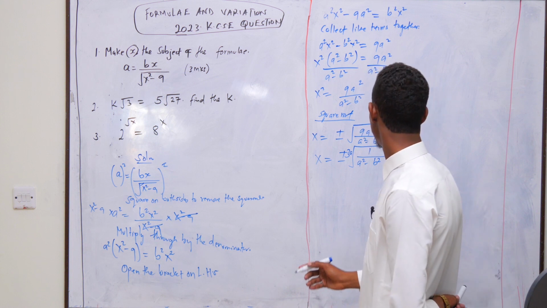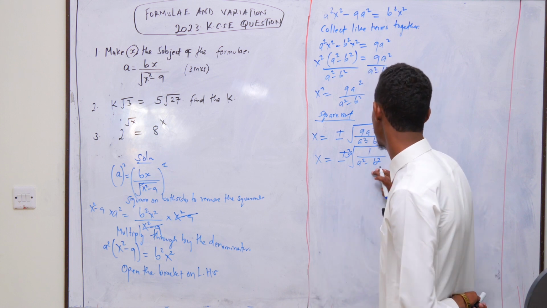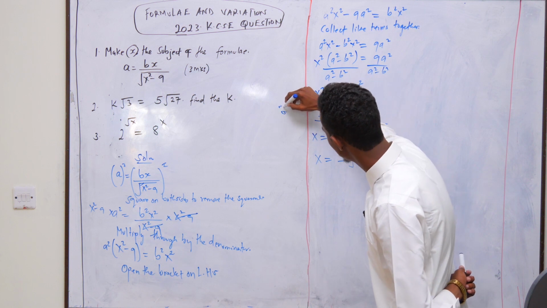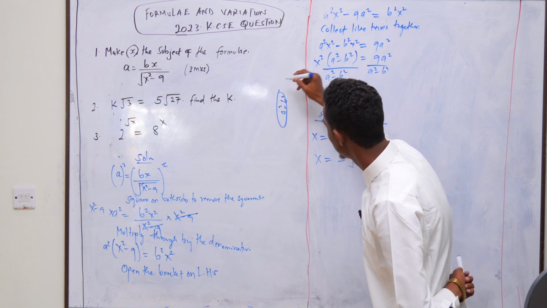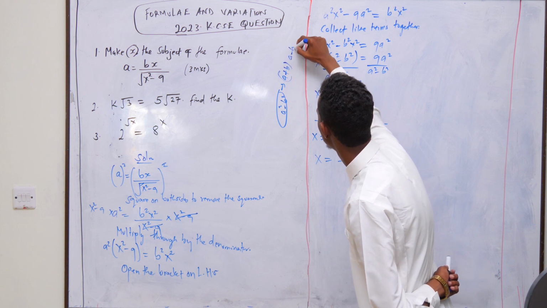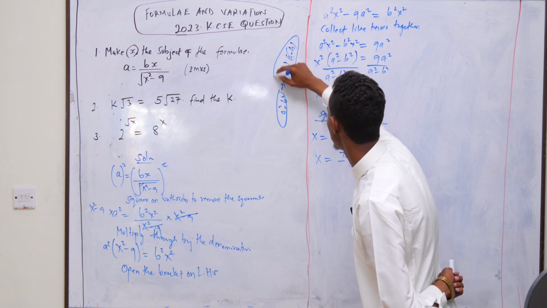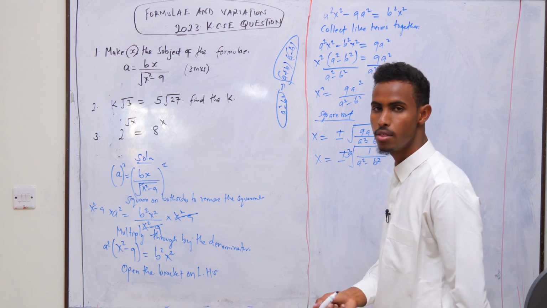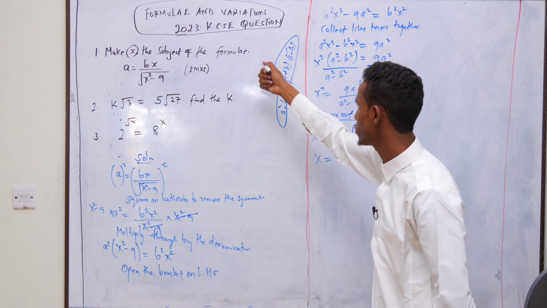And this one, a squared minus b squared, is like a plus b, a minus b simplified. And that is the solution to the problem number 1.